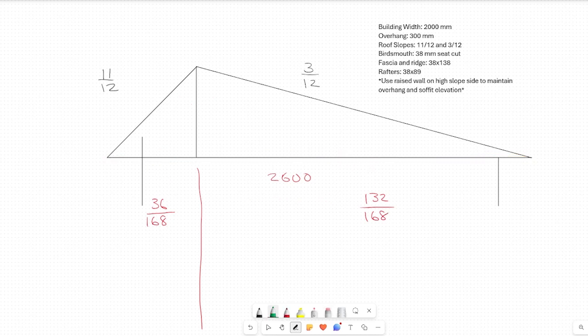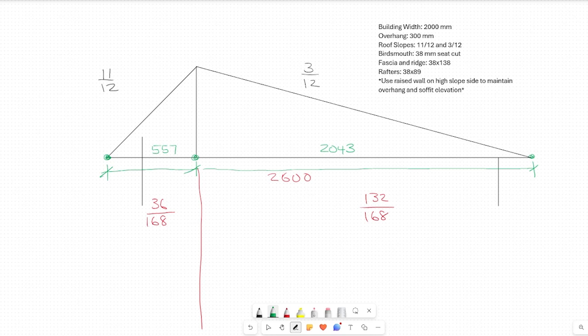So to find out the actual length or distance from this theoretical point to this theoretical point, I would take the full distance all the way across the roof, which was 2600, and multiply it by 36 over 168. And that is equal to 557 millimeters. And I'll do the same thing on the other side, and I get 2043.